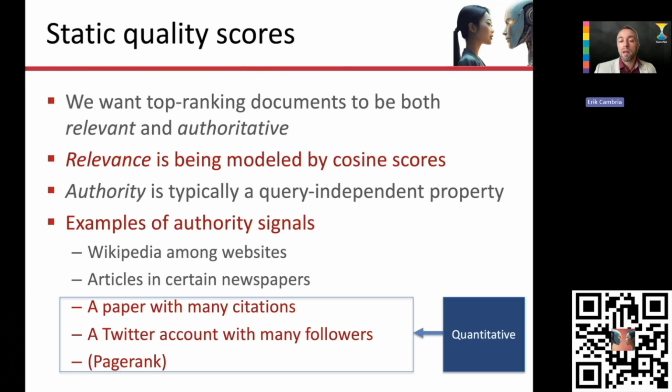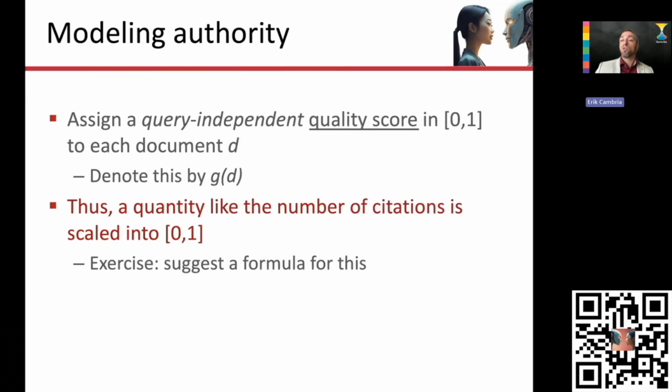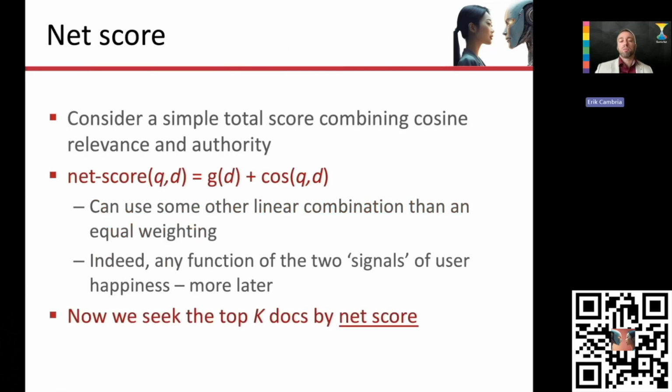So if I'm searching for something in news articles, for example, I would want to have at the top the ones that maybe come from CNN or BBC rather than some unknown news source, right? How can I do that? By coming up with a sort of score, a static quality score, that goes once again from 0 to 1 and that I can call G, that tells me how good is the source of this document.